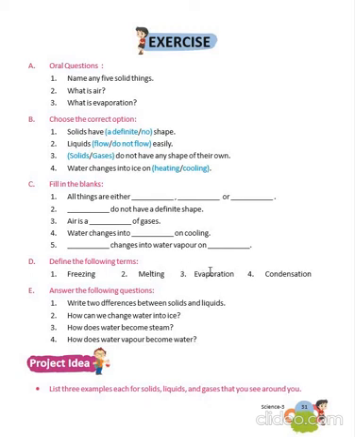Now, what is evaporation? The process by which a liquid changes to gas is called evaporation. Now, what is condensation? The process by which a gas changes into liquid is called condensation.